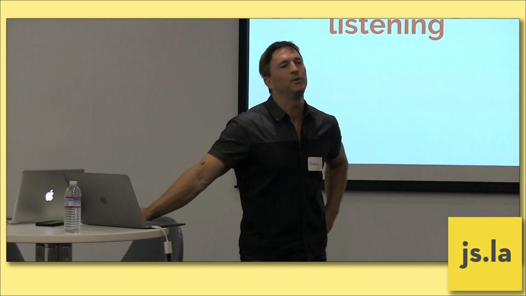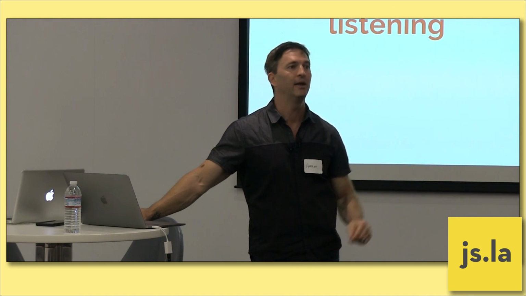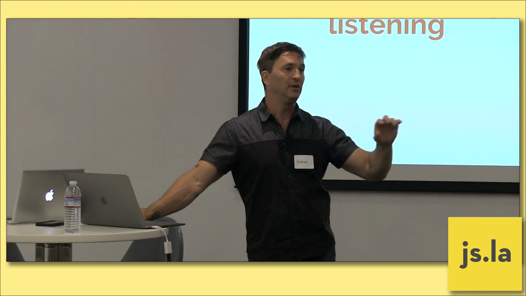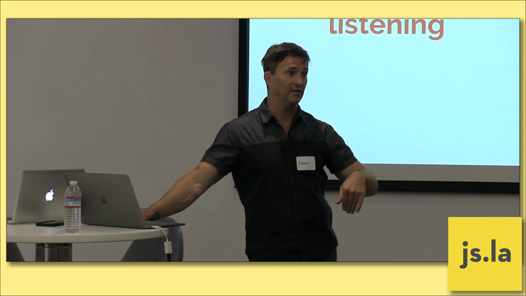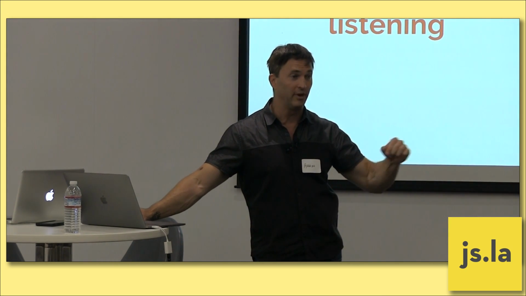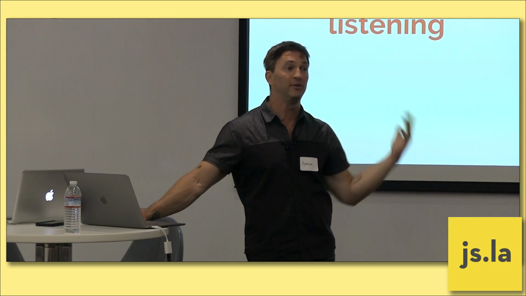Yeah, so you've got component, you've got pure component, and you've got your function, right? The difference is that pure component only implements should component update of all the lifecycle events. So you don't get component did mount, you don't get any of that stuff. You get should component update, and they implement it for you, and they do a shallow comparison between the props.